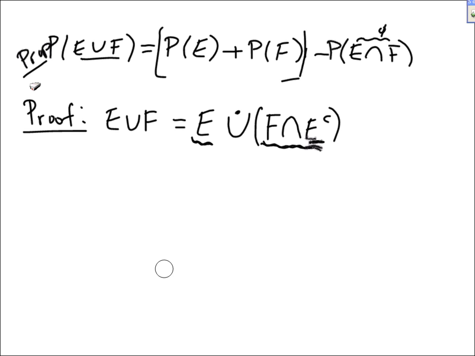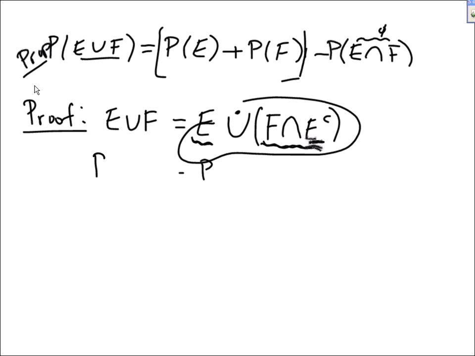You want to get mutually exclusive sets. Now I can go on to say that the probability of the left side is equal to the probability of the right side.